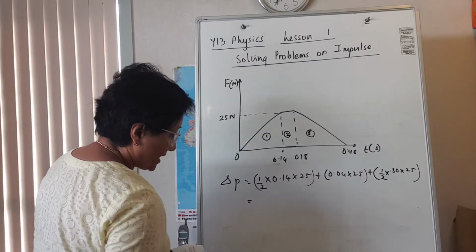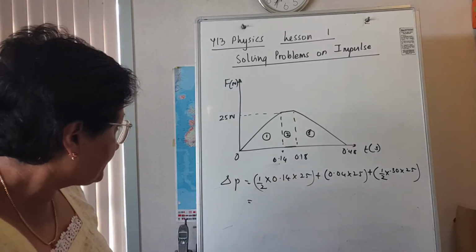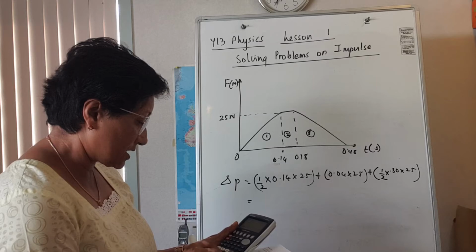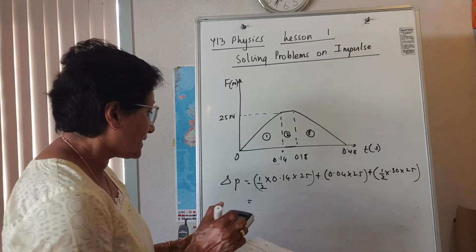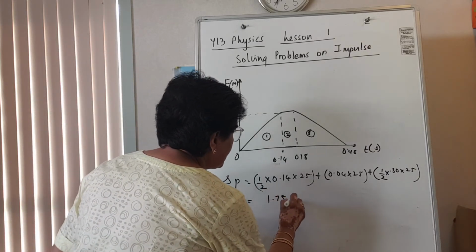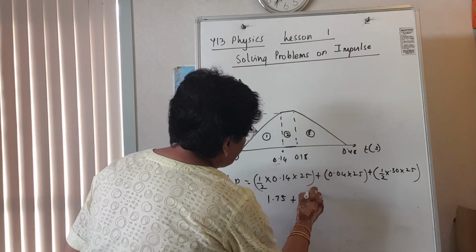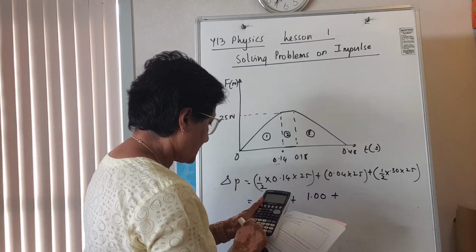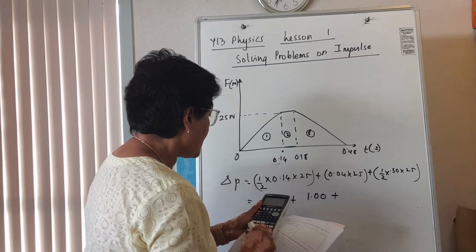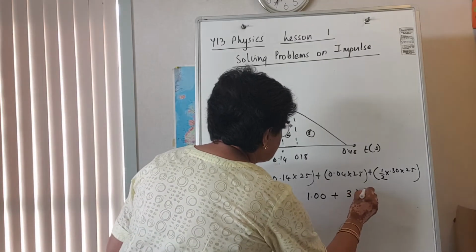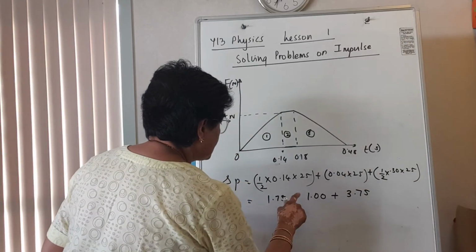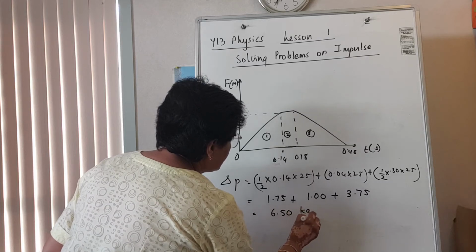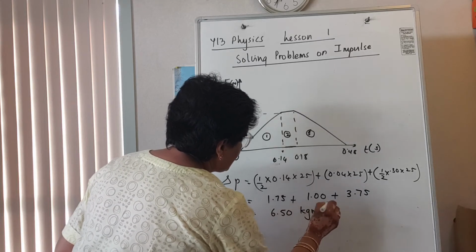So you add them all up: 0.5 times 0.14 times 25, I get 1.75, and 0.04 times 25 is 1.0, plus 0.5 times 0.30 times 25, and I get 3.75. 1.75 plus 1 plus 3.75 is 6.5. So I get 6.50 kilogram meters per second.